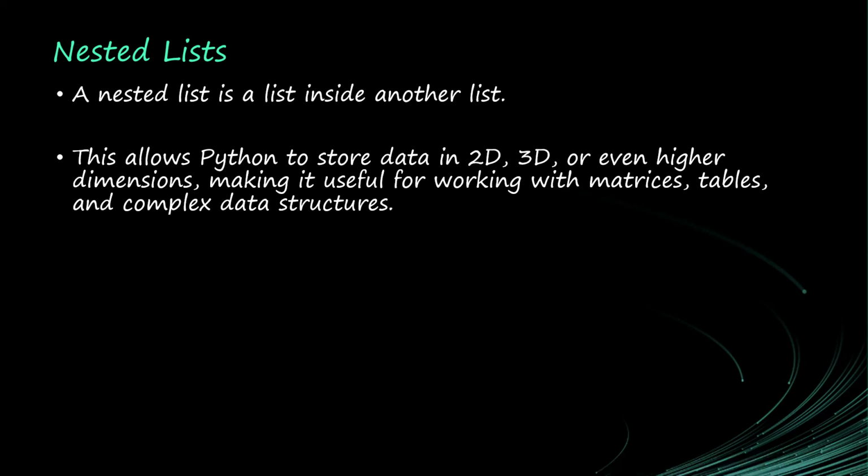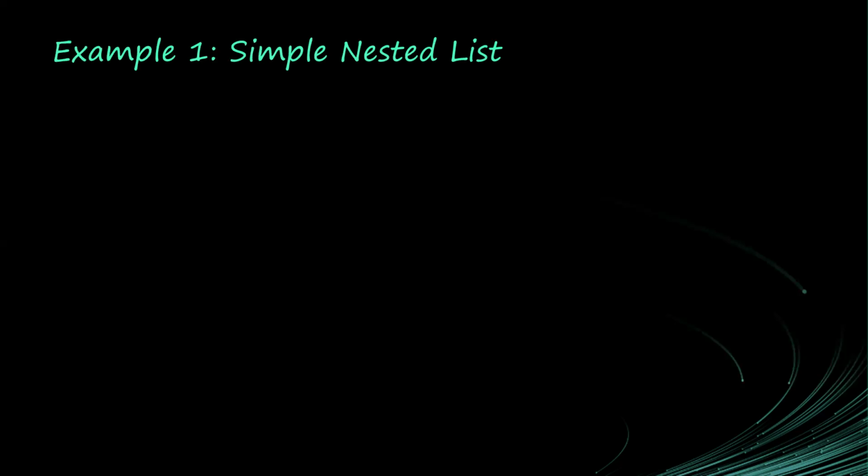Most times when you're working with your Python program, you'll be getting data from a database. You'll be getting data from APIs. You'll be getting data from maybe CSV. You'll be getting data from so many places. So most times this data will come in nested lists, and you need to know how to work with them. The simple example is this.